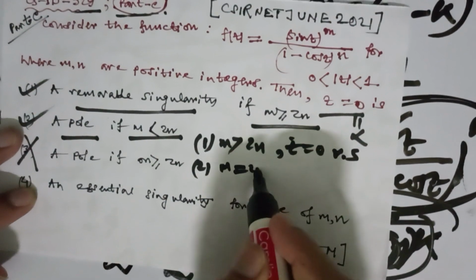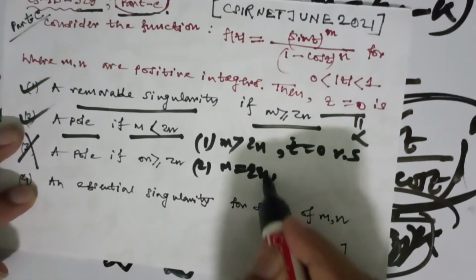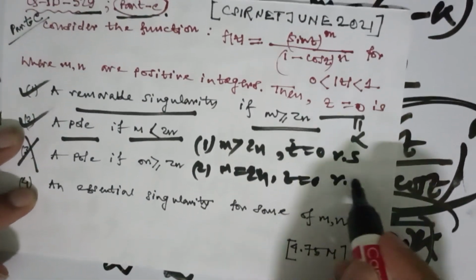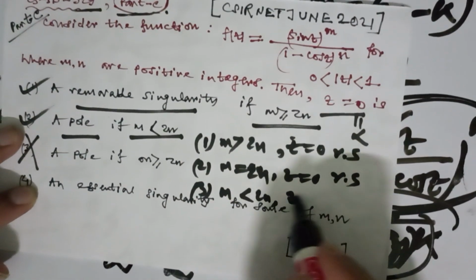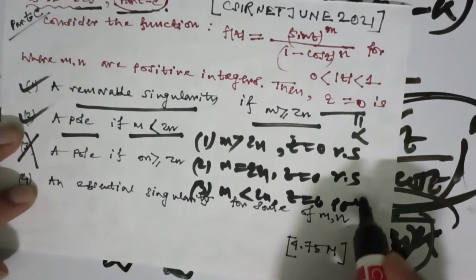For m equal to 2n, z equal to 0 is also a removable singularity.